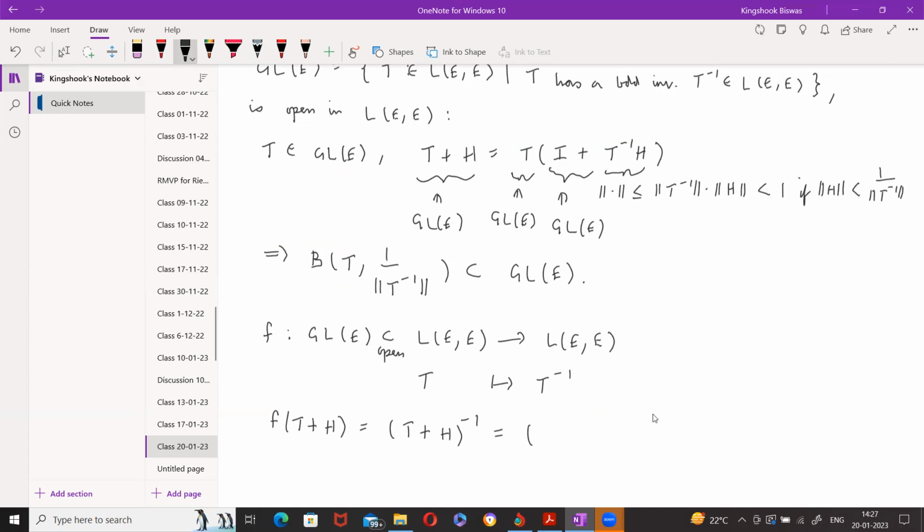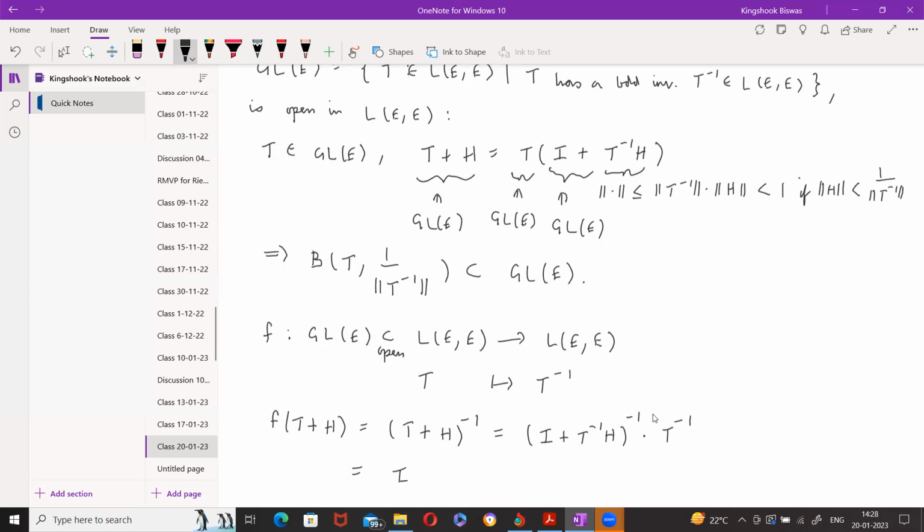So then this will become identity plus T inverse H inverse into T inverse. And now I can expand this using the geometric series for H small enough.